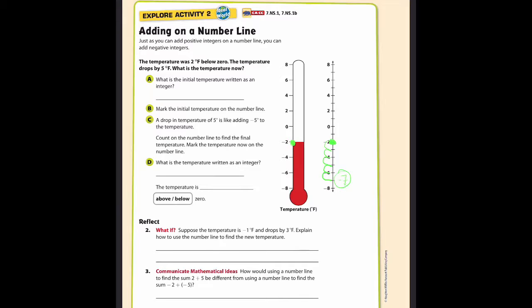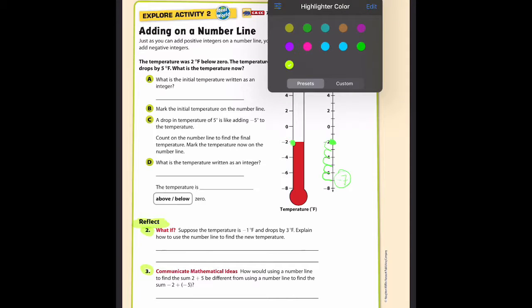Then we didn't get to these questions, so this is something that you have to work on today. Reflect number 2, number 3, and number 4. Okay, let me read the questions to you. So number 2, what if?